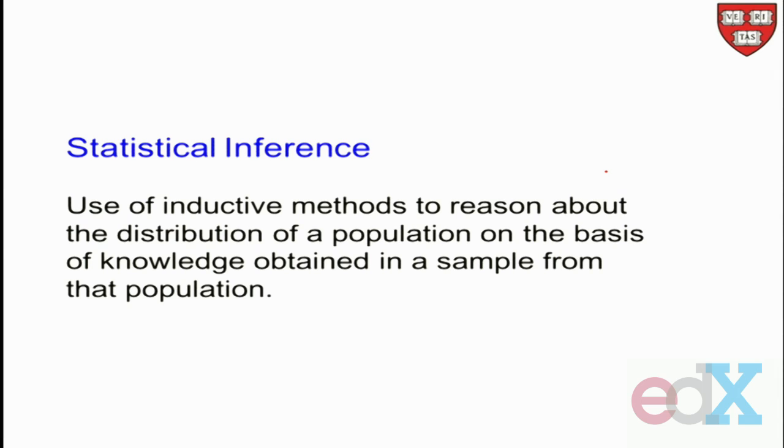How does cholesterol level vary within this population? But we're not going to measure the whole population. We're going to base our inference on the basis of knowledge obtained in a sample from that population. So a sample is just a subset of that population. So there we have the definition of statistical inference that we'll be using.